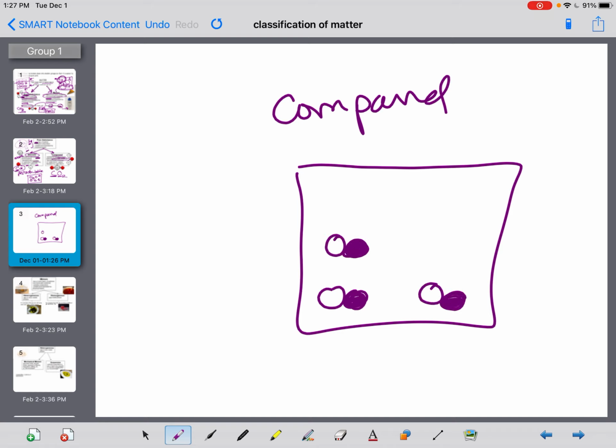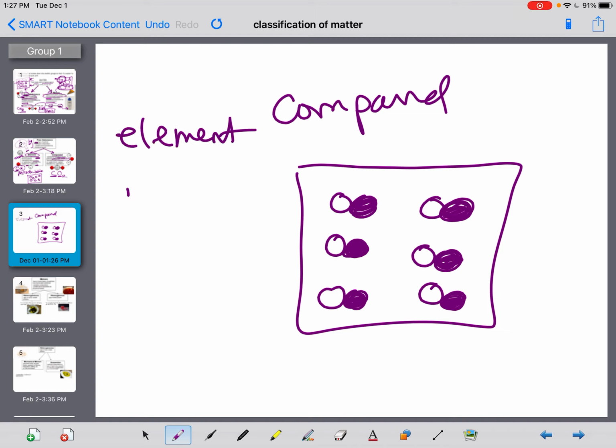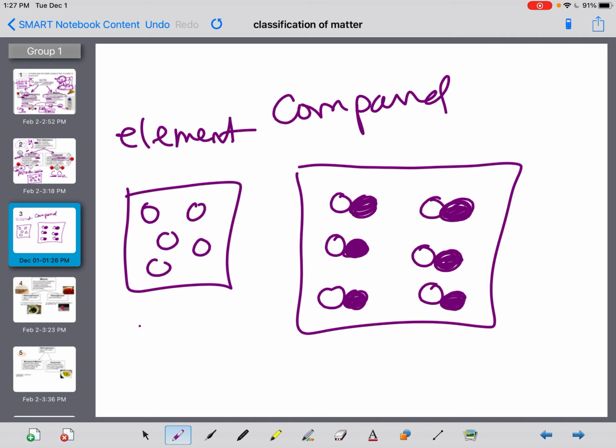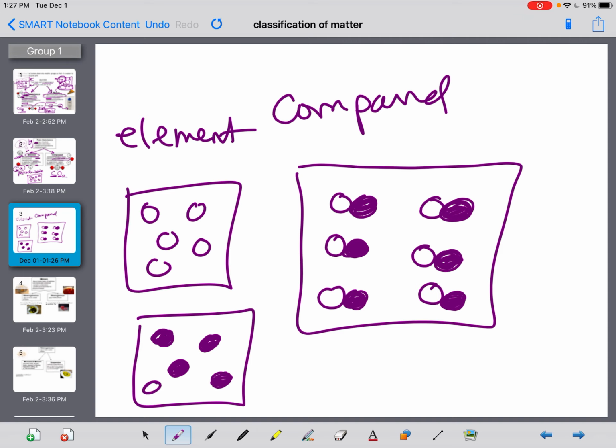But remember, if it's a pure substance, that means you have the same type of particle over and over again. So just to refresh, so an element would be one single circle, right? And it doesn't matter the type it is, but if it's a pure substance, it has to be the same type of particle over and over again.